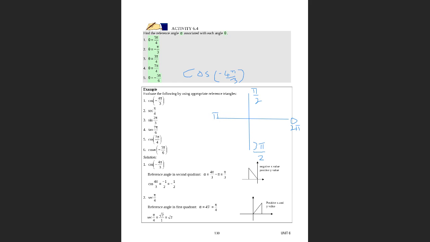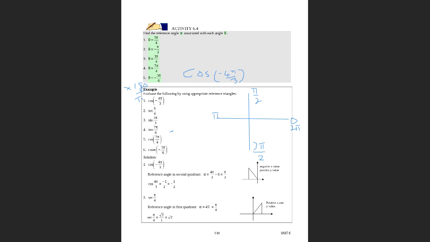So we have negative 4 pi over 3. If you are not sure of where the angle is, multiply by 180 over pi. When you multiply, you will find that your angle is 240 degrees.